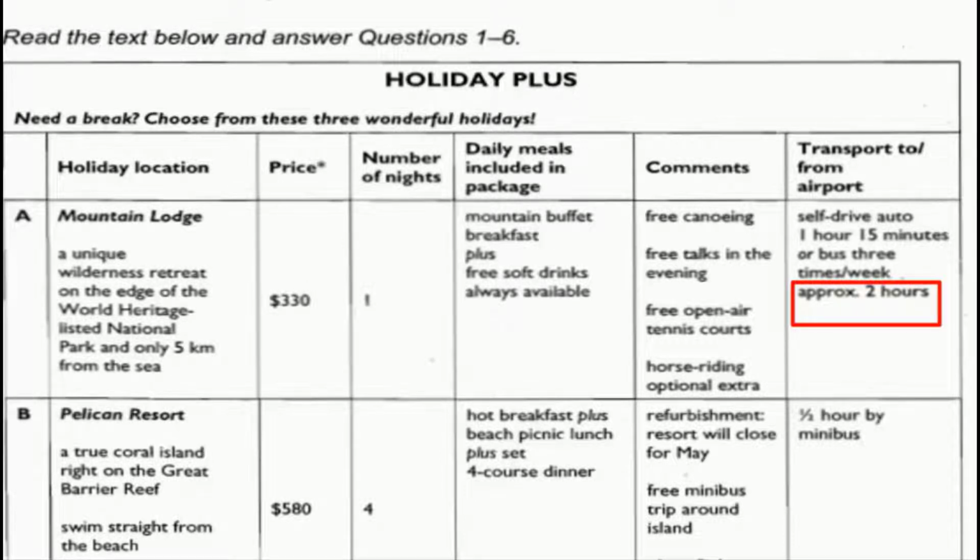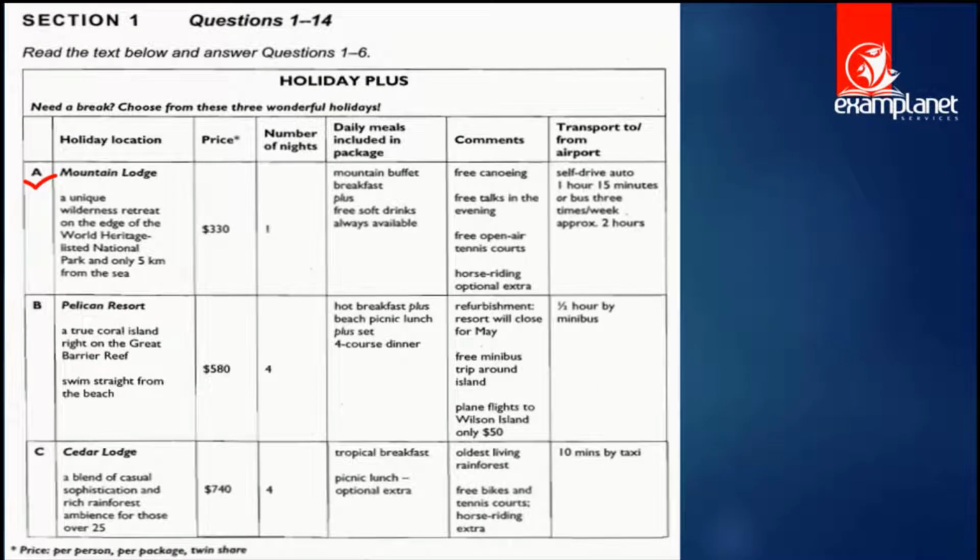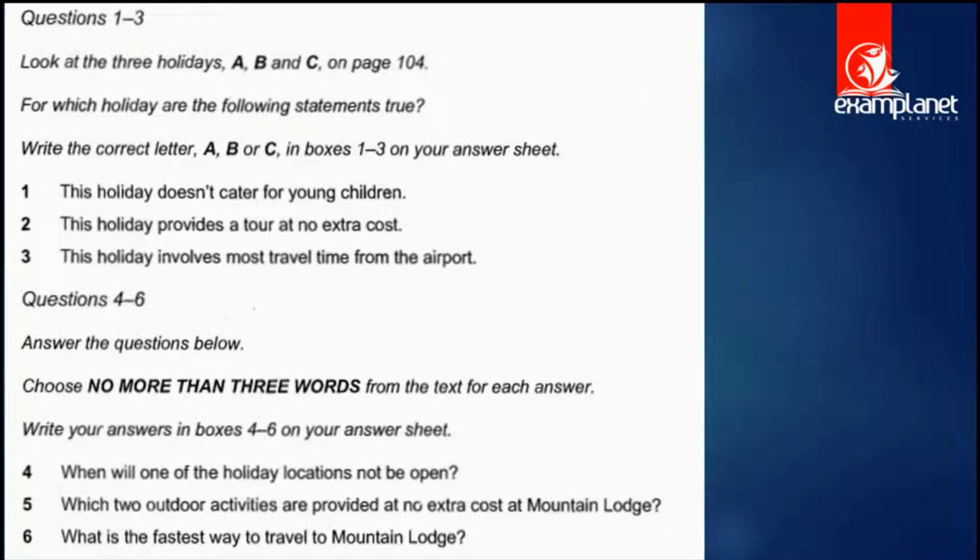So the one that has the most travel time would definitely be A. But to ensure that while answering number 1 to 3, your answers are actually written by you choosing the correct letter, not writing the answer you could see in the diagram.